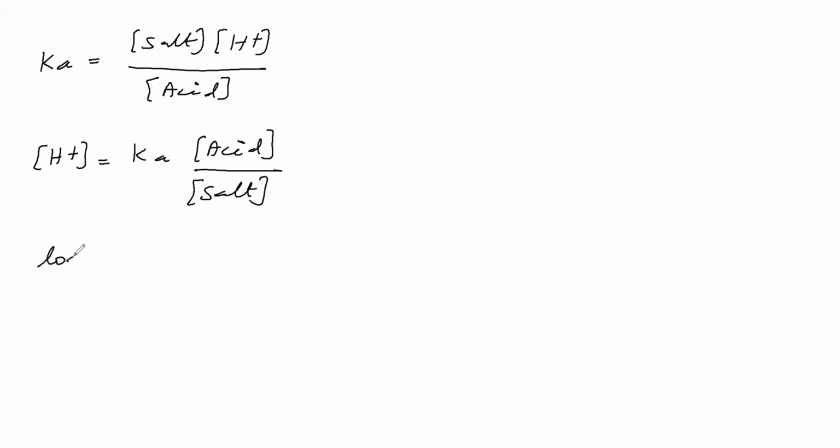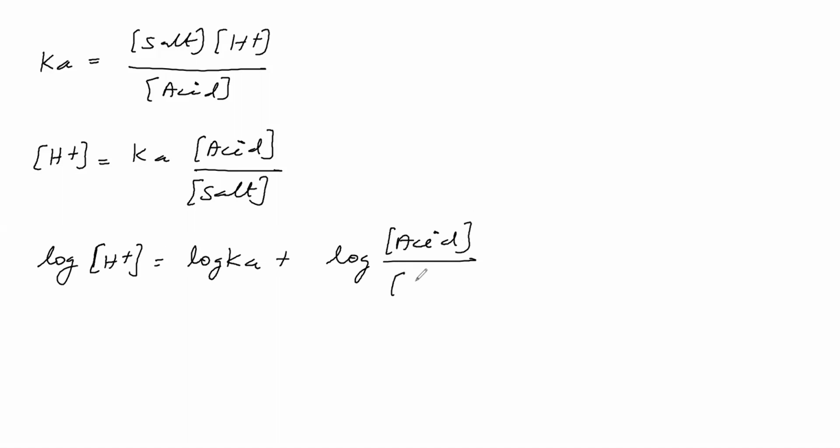Let us take log on both sides. Log of H plus is equal to log of Ka plus log of acid by salt. Then I will introduce minus on both sides.